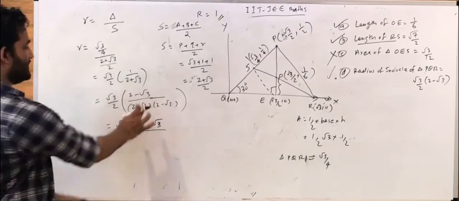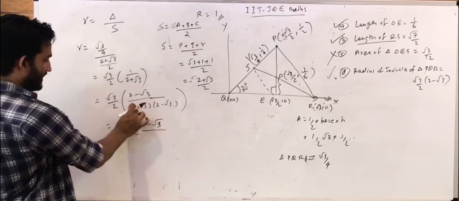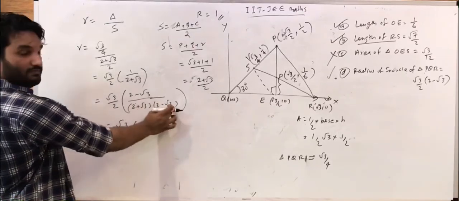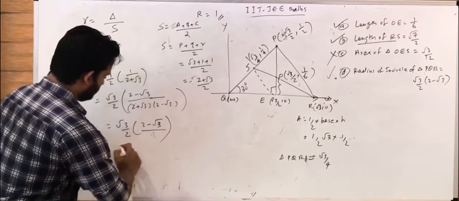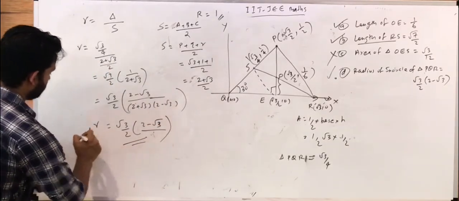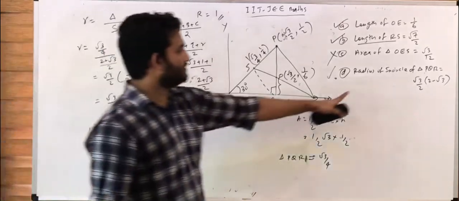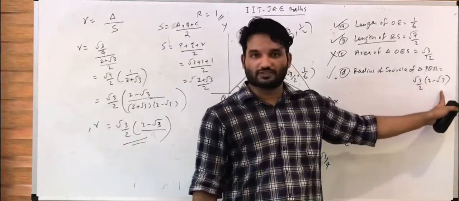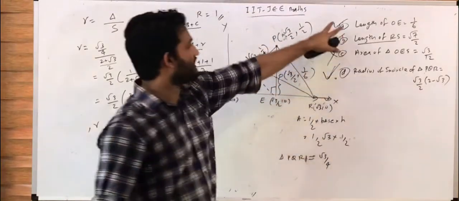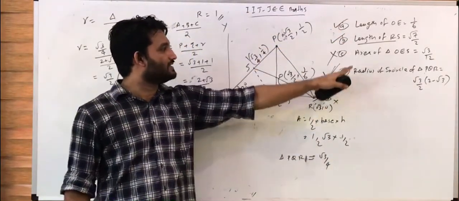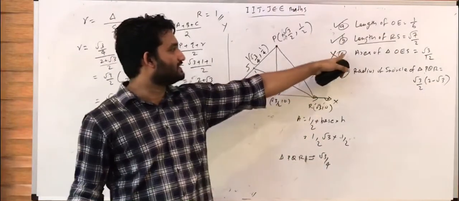Here this is a plus b into a minus b, so a square 4 minus b square, root 3 square is 3, so that is 1. So we get the incenter radius r is equal to root 3 by 2 into 2 minus root 3. This is also correct. So the options A, B, C are correct and the option D is wrong.